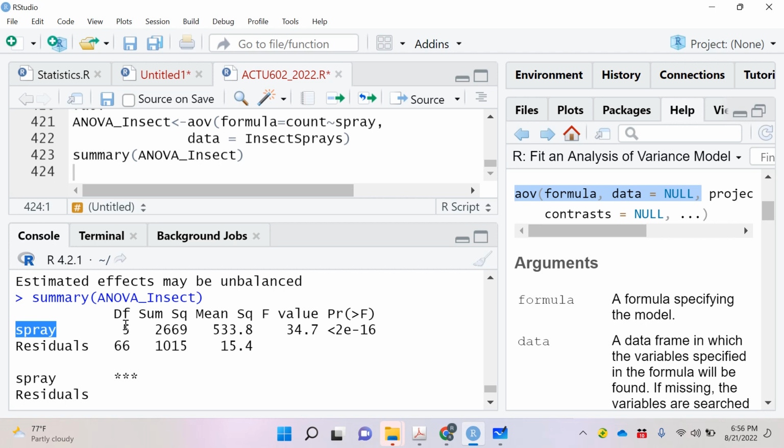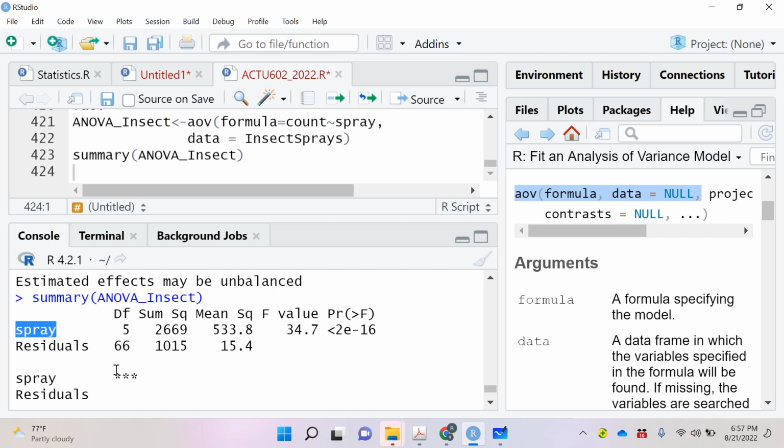That's why we have 5. Then we have 72 observations, so this one is 72 minus 6, which is n minus k, n minus the number of groups. That's why we have 66. The total will be 5 plus that, which is 71, which is n minus 1.